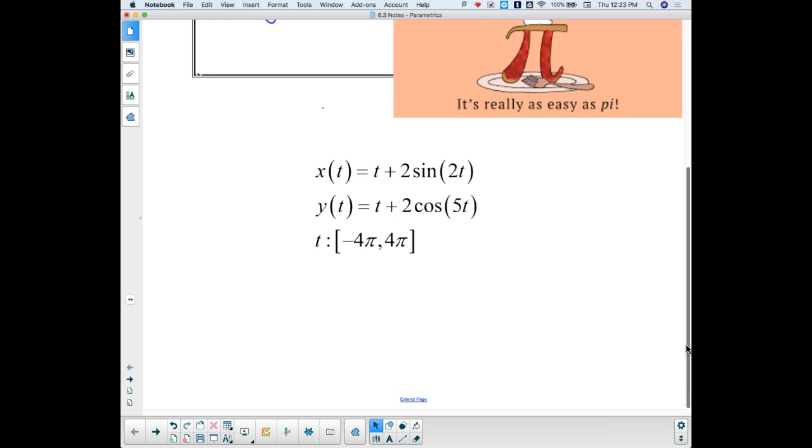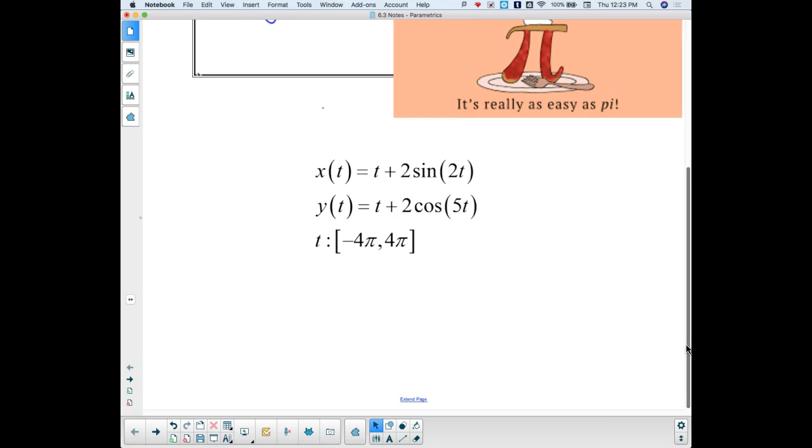Upon just glancing inspection, what can you tell me looks different about a parametric equation as opposed to a regular old equation? Anything that looks different? Shout it out when you see something that looks different.